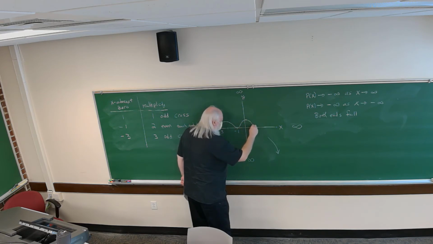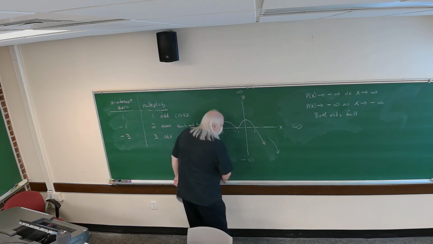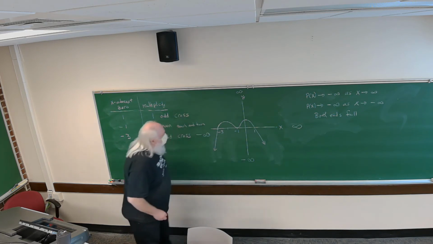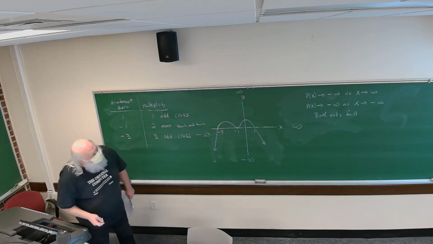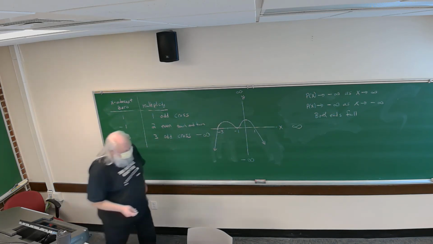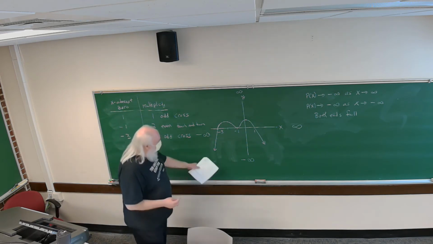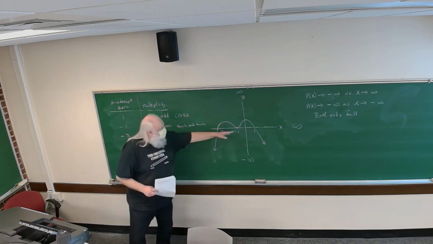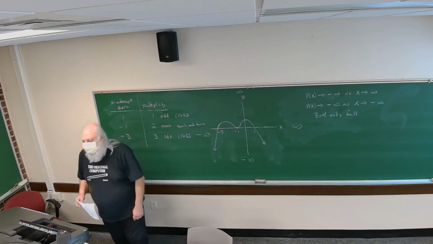And then the graph is going to come down and cross at x equals 1, and then go down forever. So we have successfully graphed the end behavior, and graphed the behavior at each of the x-intercepts.